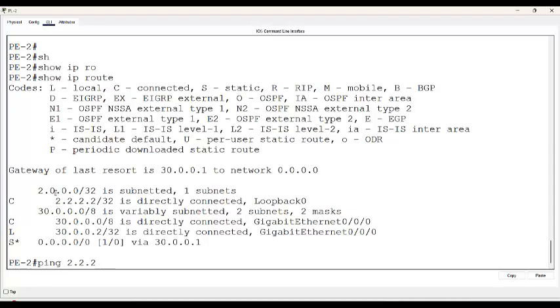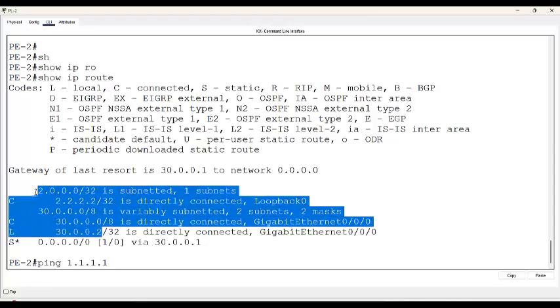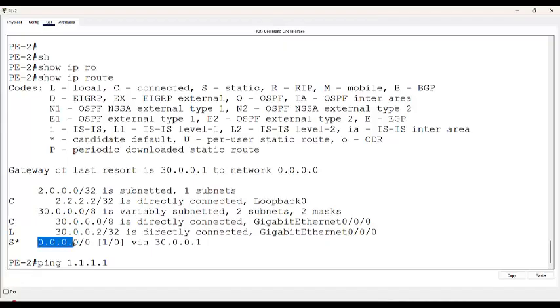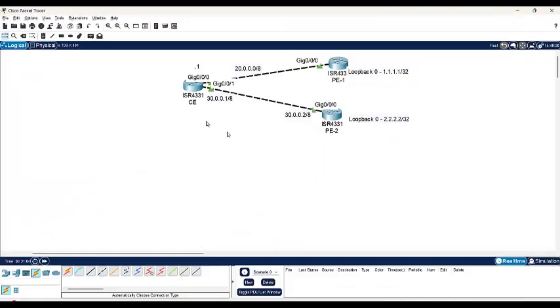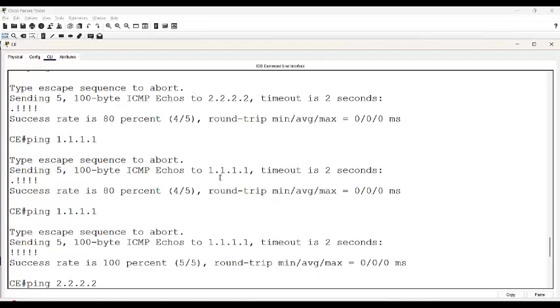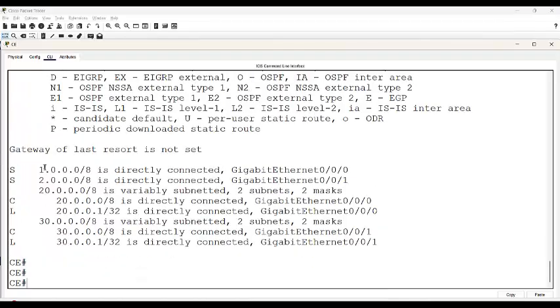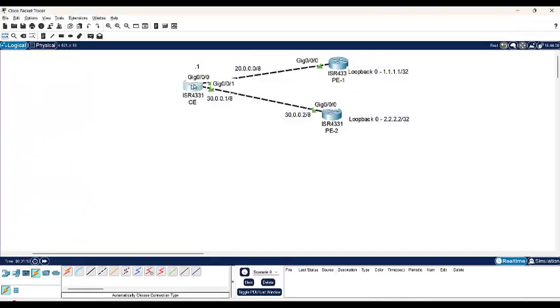If I ping 1.1.1.1, there is no route for 1.1.1.1, but this says anything. It means the packet will be sent to this guy, and this guy knows 1.1.1.1, we just wrote the route, right? This guy knows where 1.1.1.1 is, and will forward the packet there.